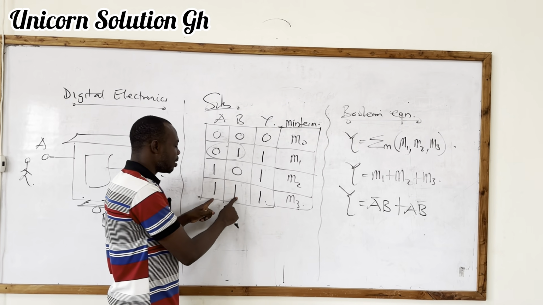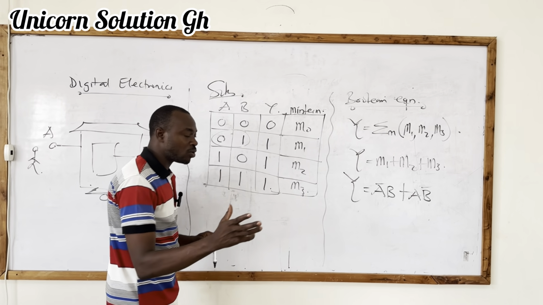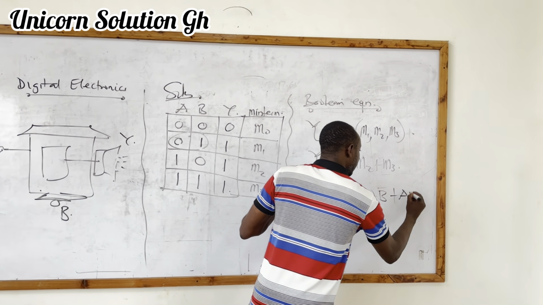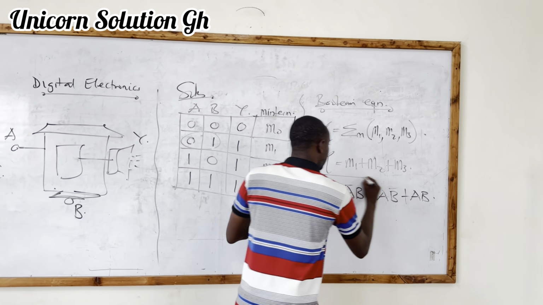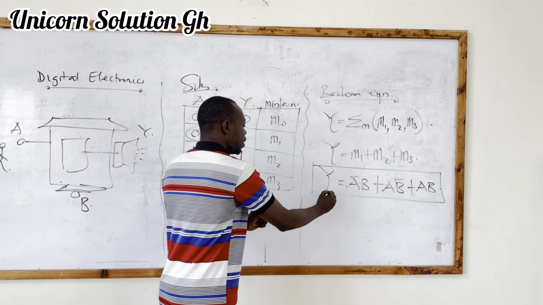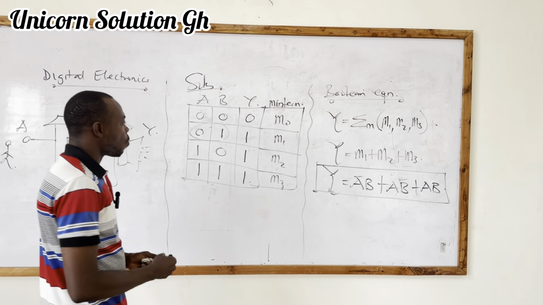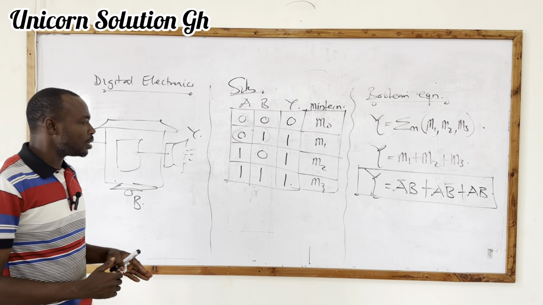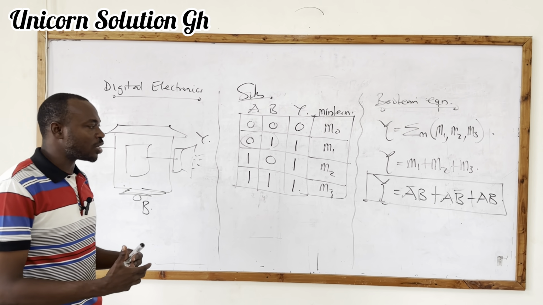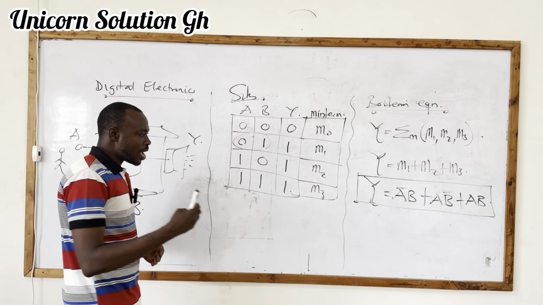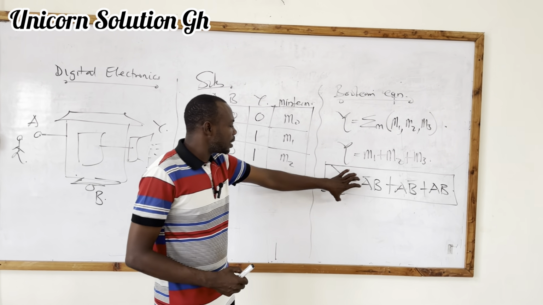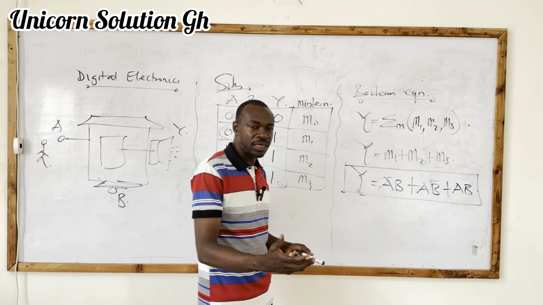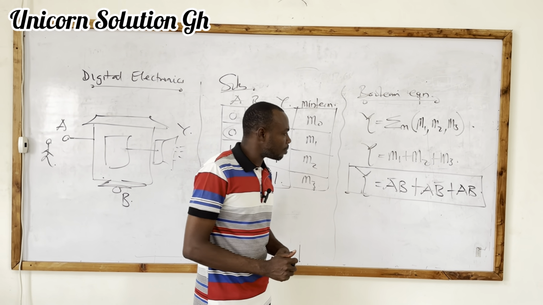That is A and B. But since they are all having their values to be 1, we say that they are represented by A B. So this is the final Boolean equation for our problem statement. So this is the solution, or this is the beginning of our solution. So we are going to now transfer this into a combinational circuit. Then we draw it to see how we can optimize it.